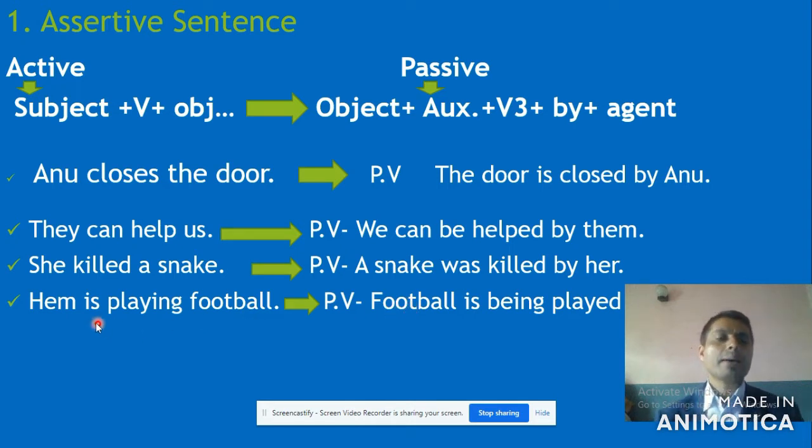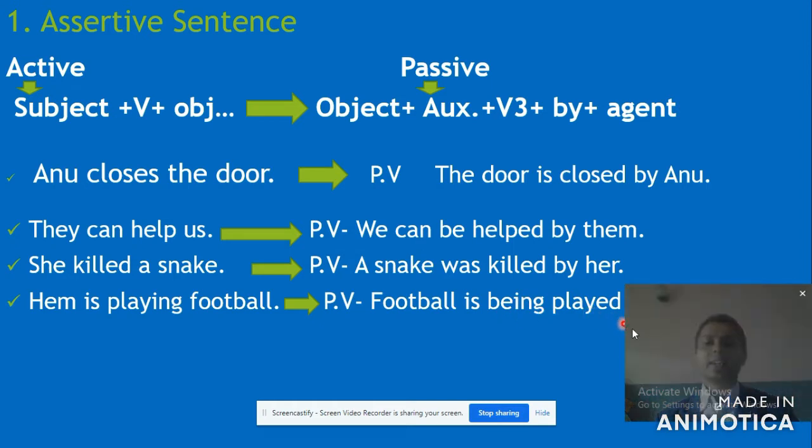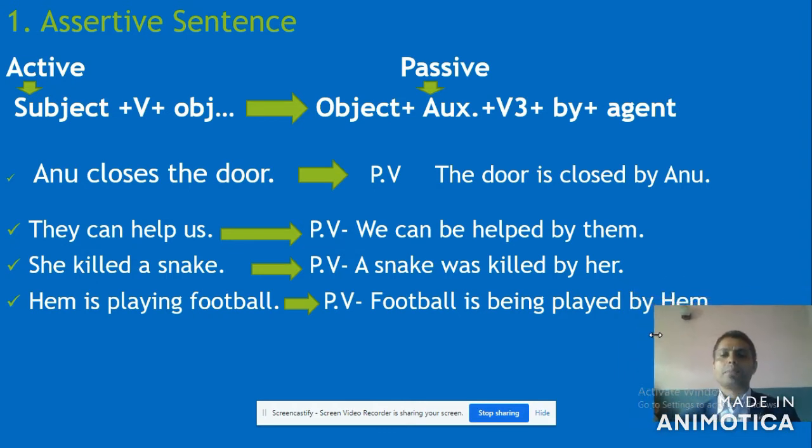Basically this sentence is present continuous. So if there is a continuous ing form, don't forget to write being. Football is being played. Is being played by whom? By him. Football is being played by him. So the subject here becomes the agent.